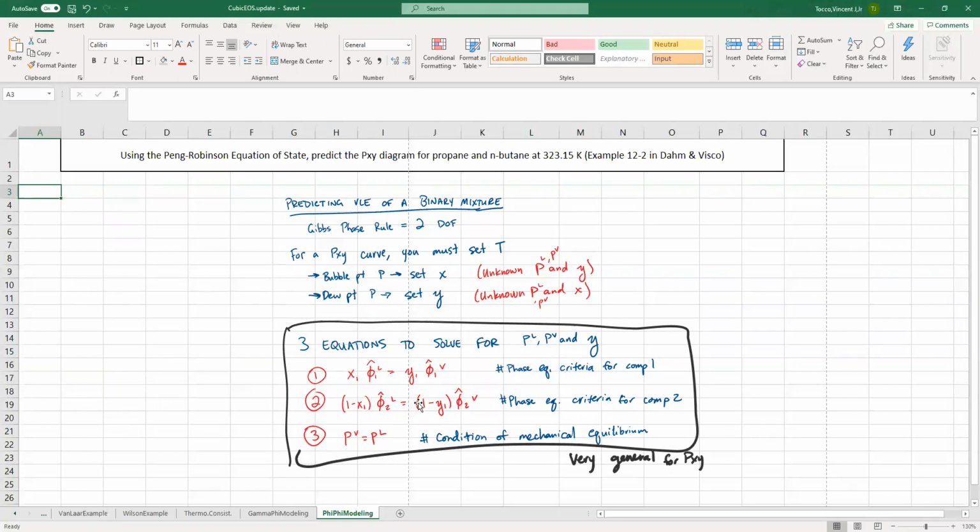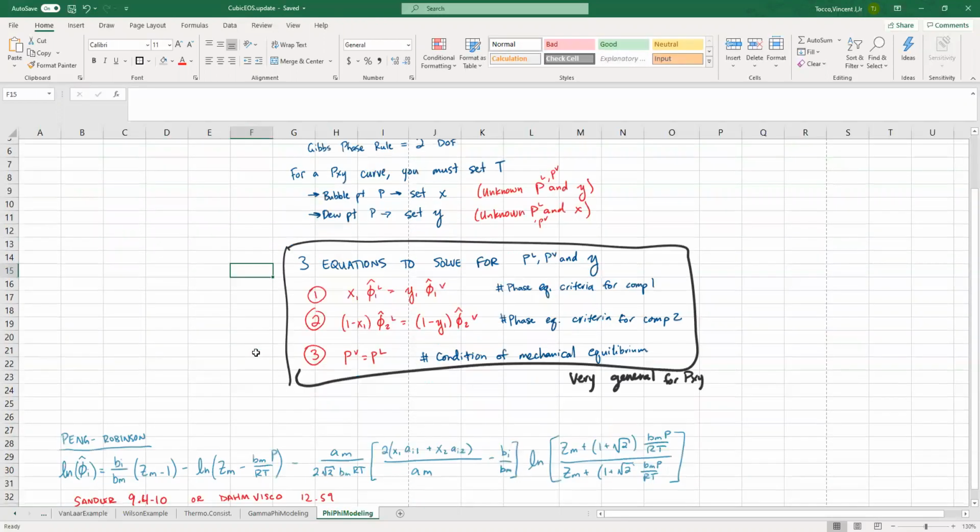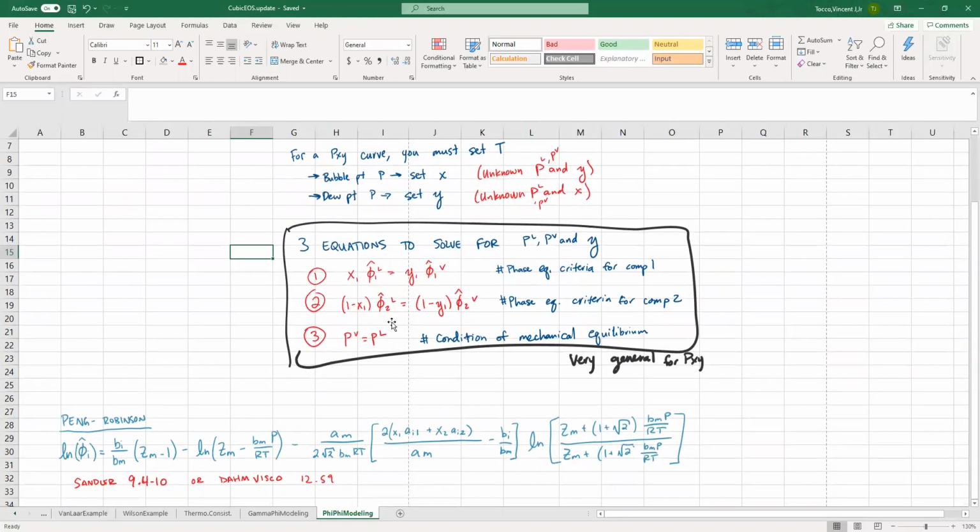The second one is the phase equilibrium relationship for component 2, which we'll assign to be N-butane. And the third is that the pressures of the 2 phases must be equal. So again, this is oftentimes one that we take for granted, but one that we will have to explicitly state as we move forward. So moving on to what the Peng-Robinson equation of state says about fugacity.